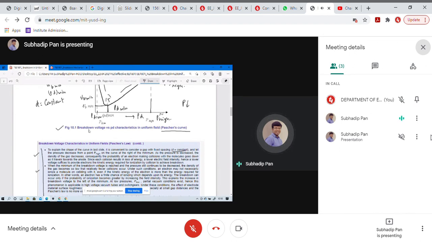The density of the gas will decrease. Consequently, the probability of the electron making a collision with the molecules goes down as it travels towards the anode. So whenever the pressure goes down, the gas density also decreases. Consequently, the probability of the electron colliding with molecules goes down on its travel towards the anode, since each collision results in a loss of energy.